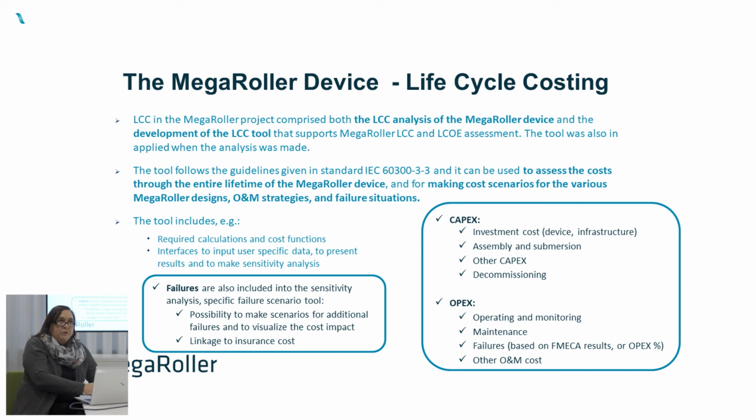And when we are talking about novel technology, we of course also needed to make some expert judgments regarding, for example, the future operation and maintenance strategies and related costs.